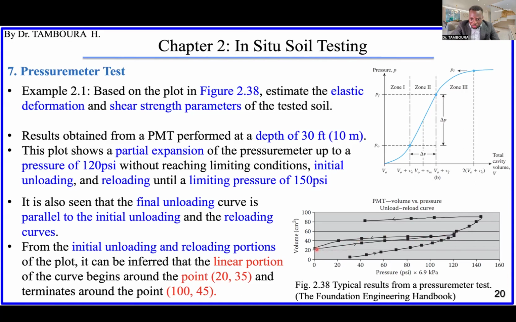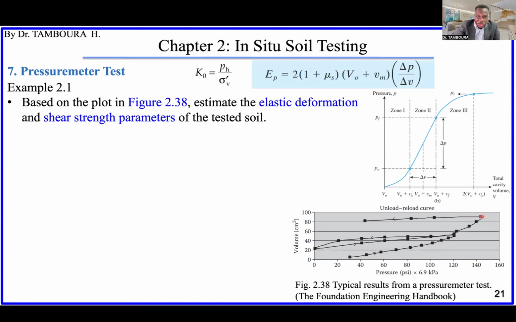And the first portion from 0 to 20. The linear second zone from 20 to 100. And the third zone from 100 to 150, 150 being the limit.